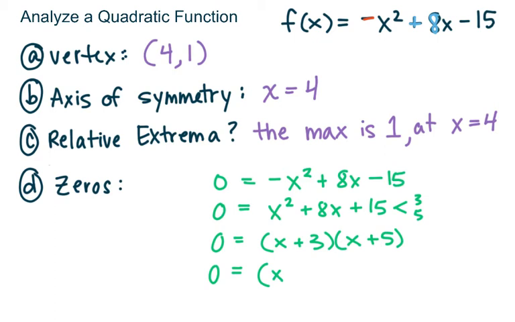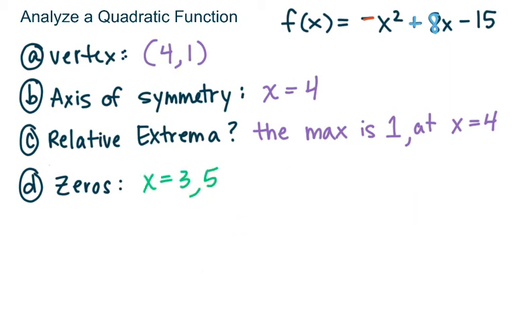And that is 0 equals x minus 3 and x minus 5. That lets me know that the zeros of this quadratic function are x equals positive 3 and x equals positive 5. Again, I'm going to clean up my screen.